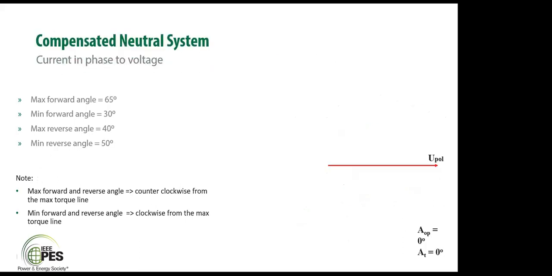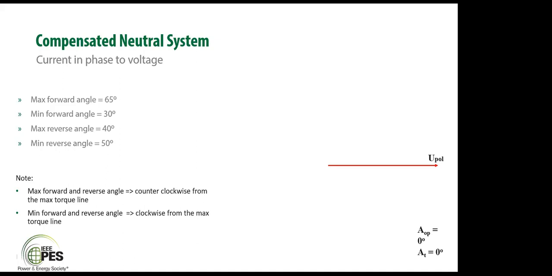Next, another example with a compensated neutral system. As I mentioned before in the basic diagrams, in a compensated neutral system we have a Peterson coil, which is just a bank of inductors. It compensates the line capacitance and brings the fault current in phase with the system voltage.